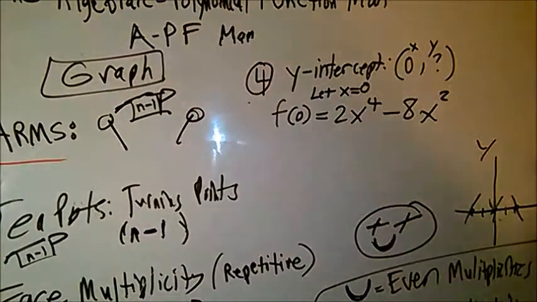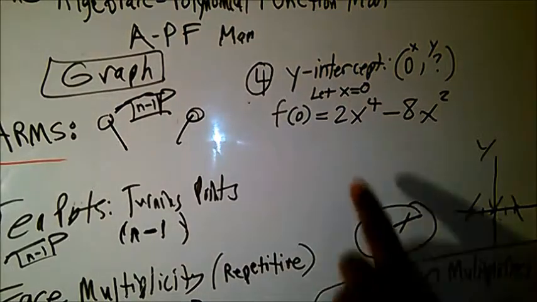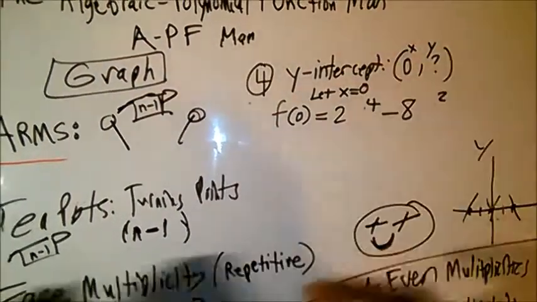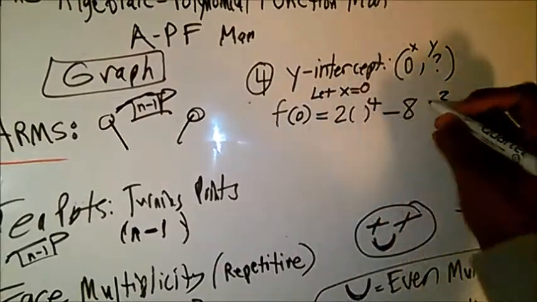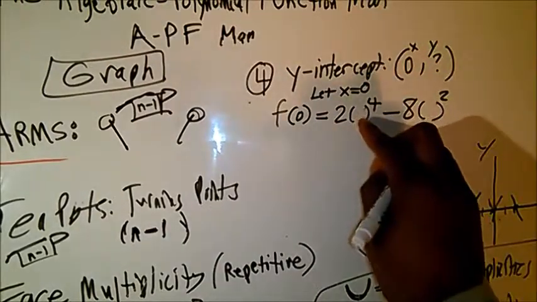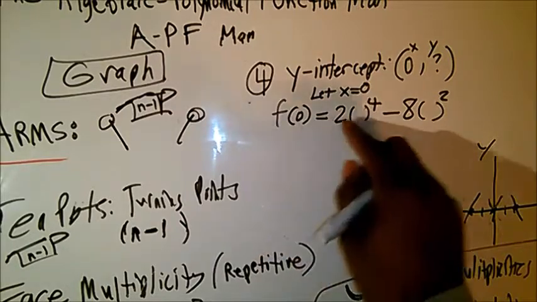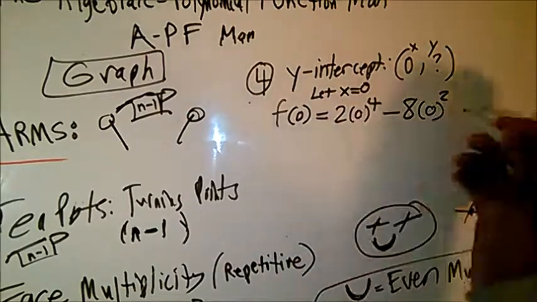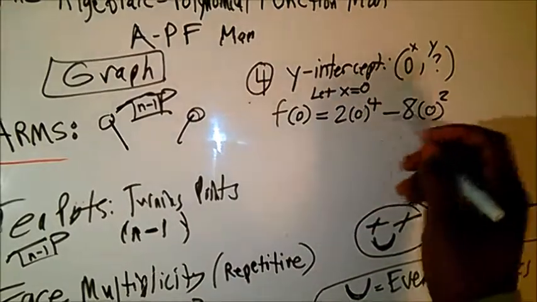We're going to turn all of our x's into zeros. And remember, like I told you before, when you're changing an x to a given number, you're going to open up parentheses around it. Okay? And you're going to try to solve it.